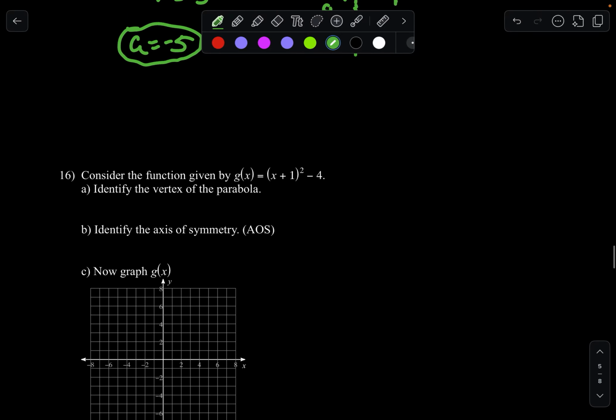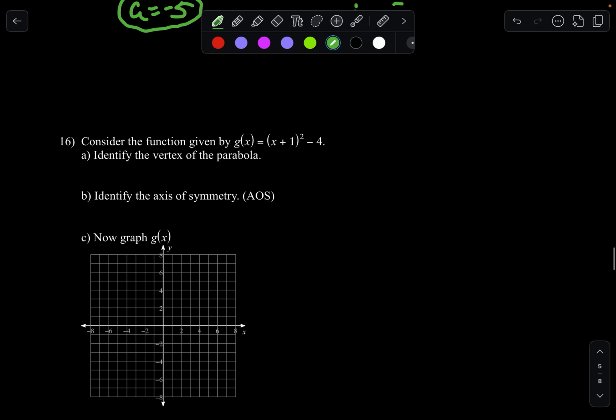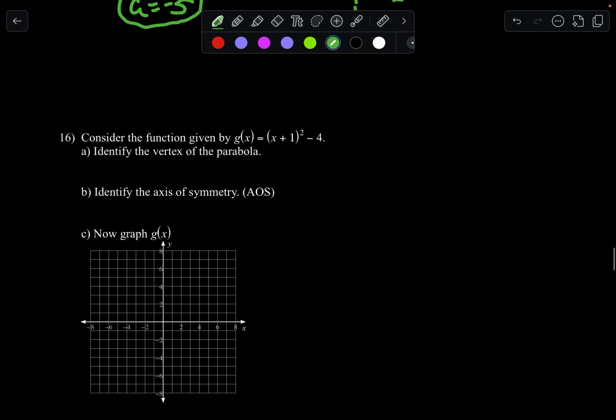All right, question 16. Consider the function given by g of x equals (x plus 1) squared minus 4. Identify the vertex of the parabola. This is the vertex form. The vertex form is g of x equals (x minus h) squared plus k, because your x's are liars, and the vertex is at h comma k.